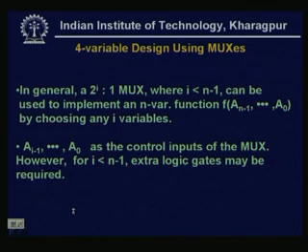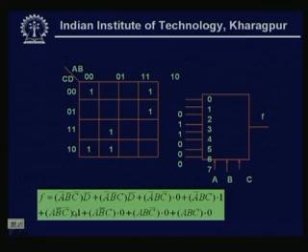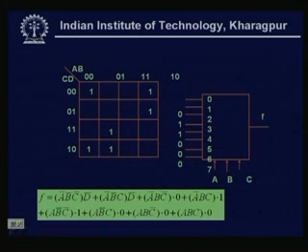So, now what we can do is, for ABCD, the 4 variables can be taken as the select lines. Then it will be a 2 to the power 4 to 1, or 16 to 1 multiplexer. Now, I want to optimize this.